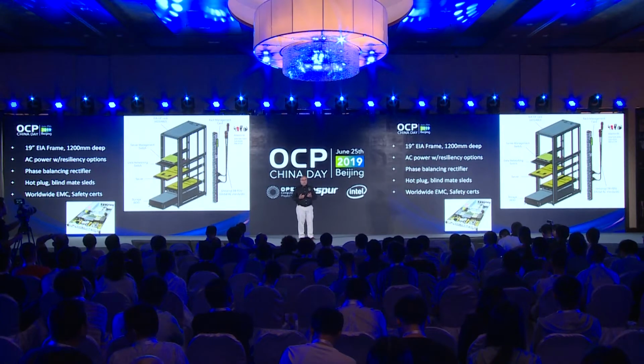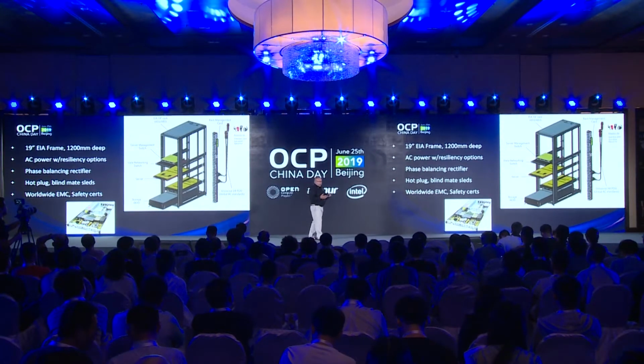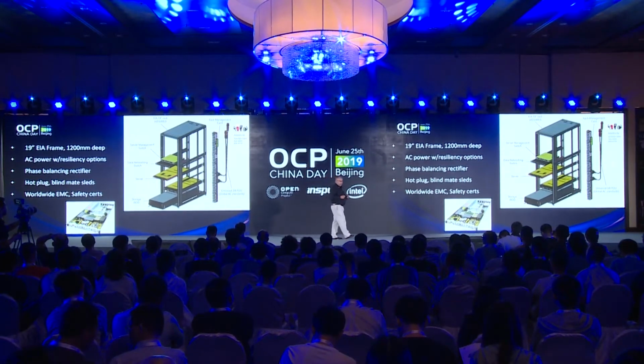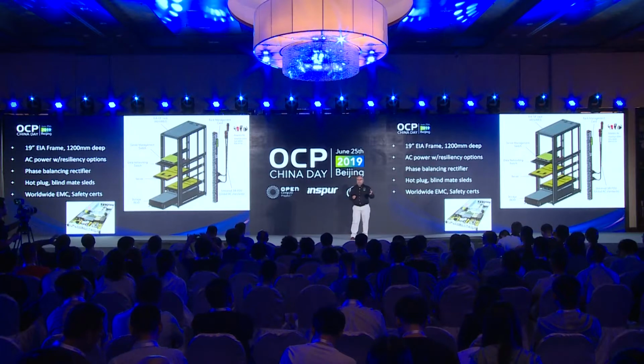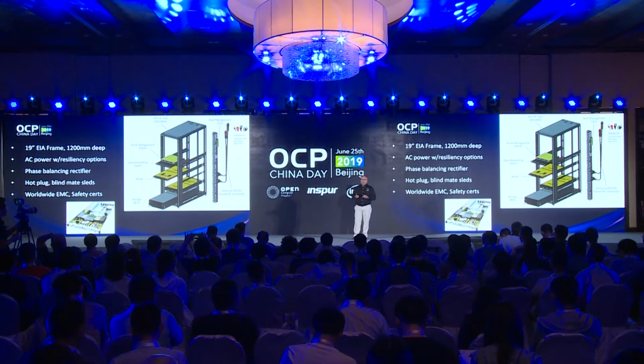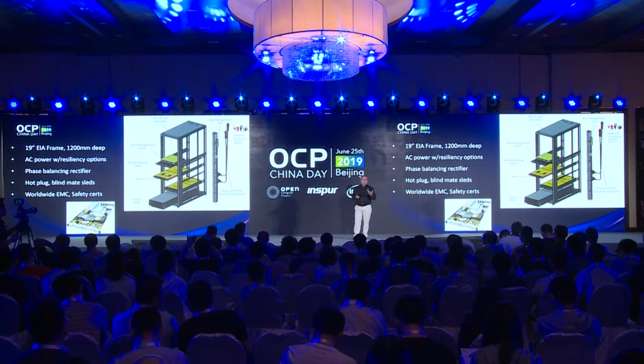That power supply that I talked about had two rectifiers in it, so you had two different utility feeds, but it also broke it out even further and had rectifiers on each of the three phases. The beauty of that is that you have phase balance.